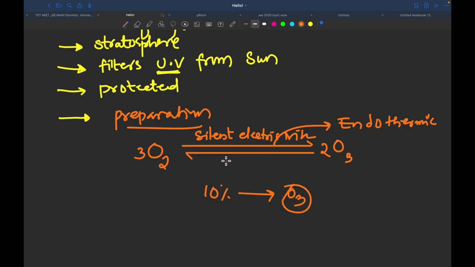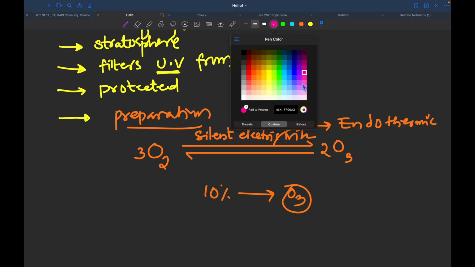We don't have a diagram for this. It used to be in the previous book. Nowadays there is no diagram for this. It is a simple question, take a look, you have understood how to do the preparation of ozone. So this is how we prepare the ozone, right?